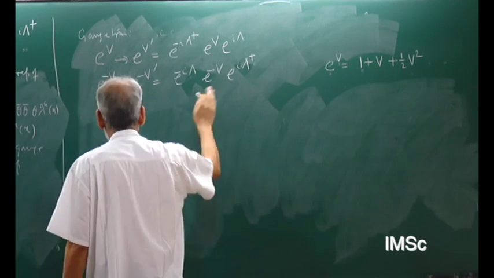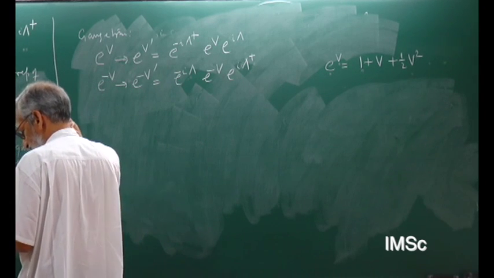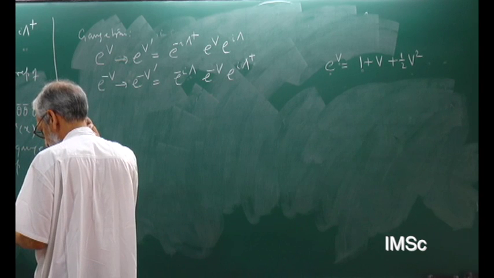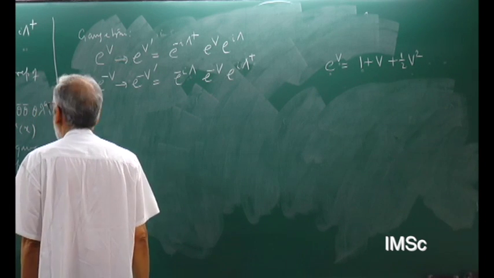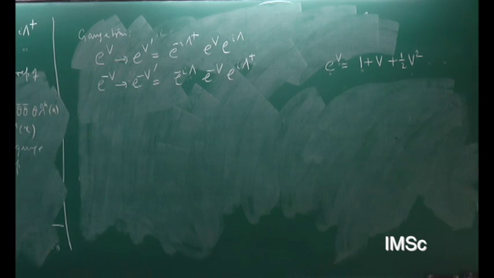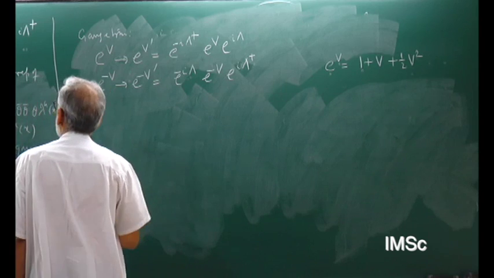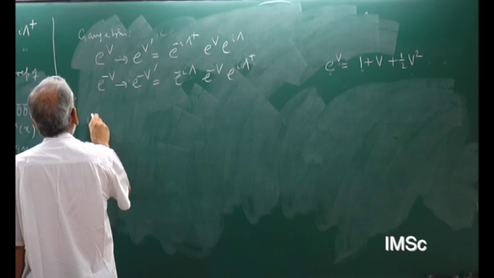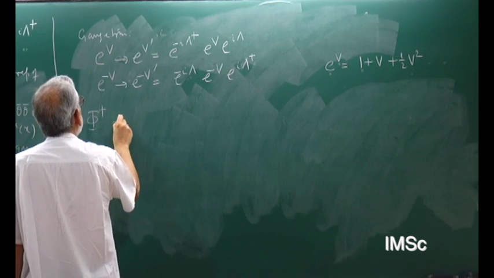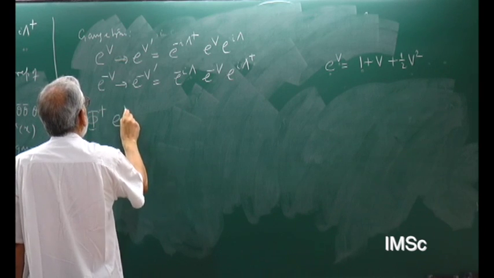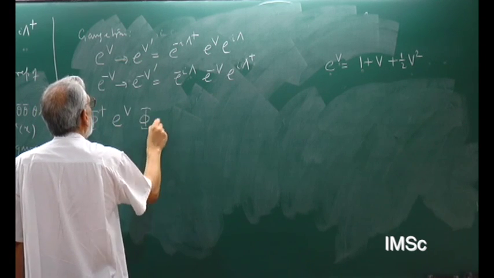Now we have given the transformation properties of phi, and of this exponential of V. Now it's straightforward to check how phi dagger e^V phi transforms.